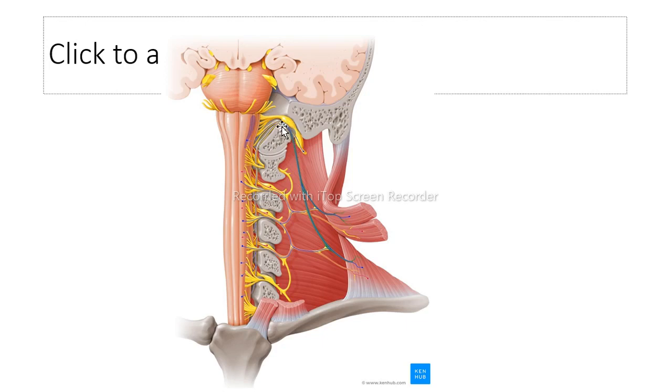It comes out through the jugular foramen, then passes downwards, posteriorly and laterally, and enters the posterior triangle, passing behind the sternocleidomastoid. It enters just below the deep fascia.